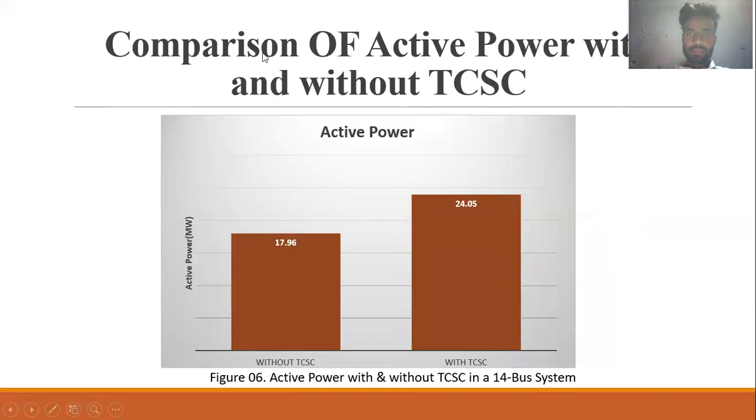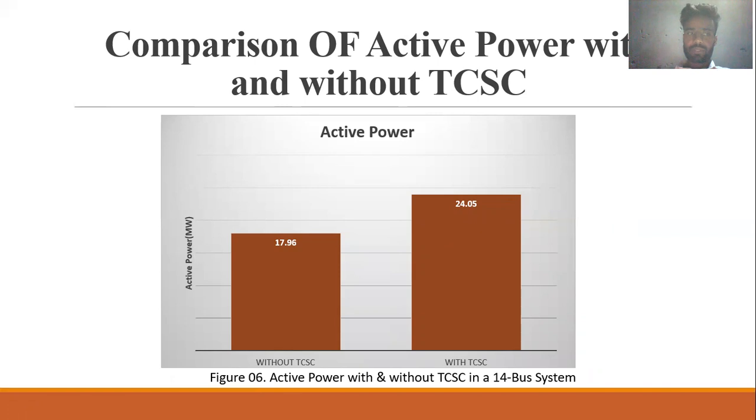So this is the comparison of active power with and without TCSC. Without TCSC it was almost 17.96, and with TCSC it's 24.05 megawatt. It's a difference of almost 21%.